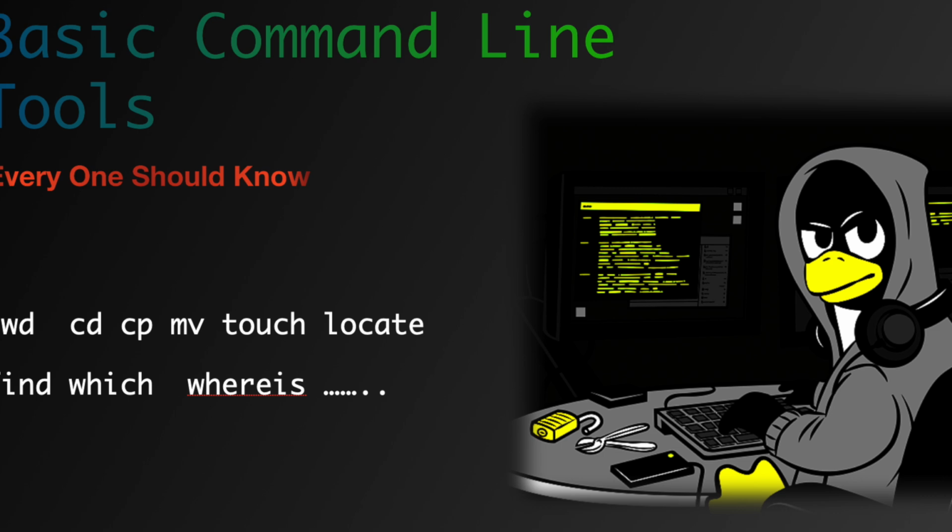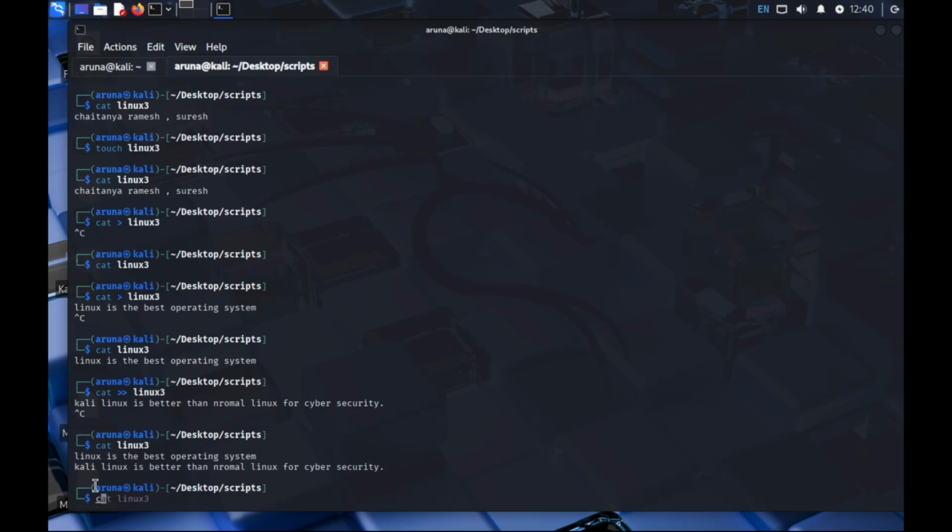If you want to copy the content from a file to another file, use cp, which is the copy command. Kali Linux 3 to. If you want to copy the file in the same folder, you can give another name, like duplicate.